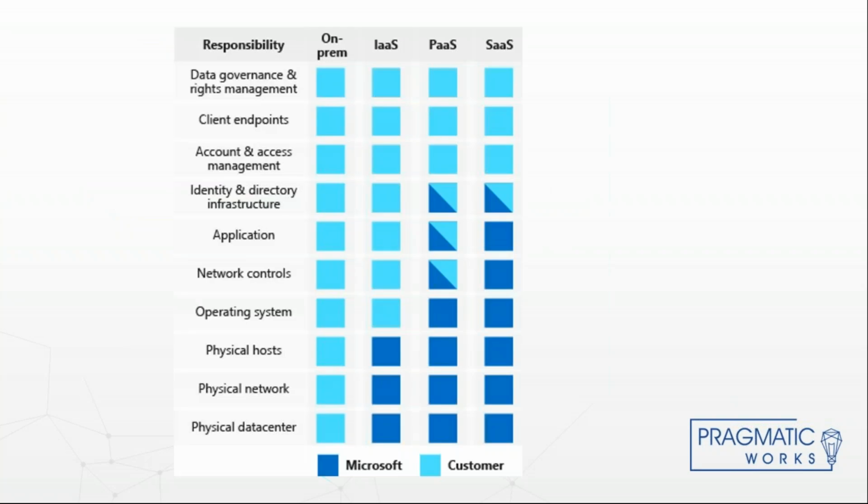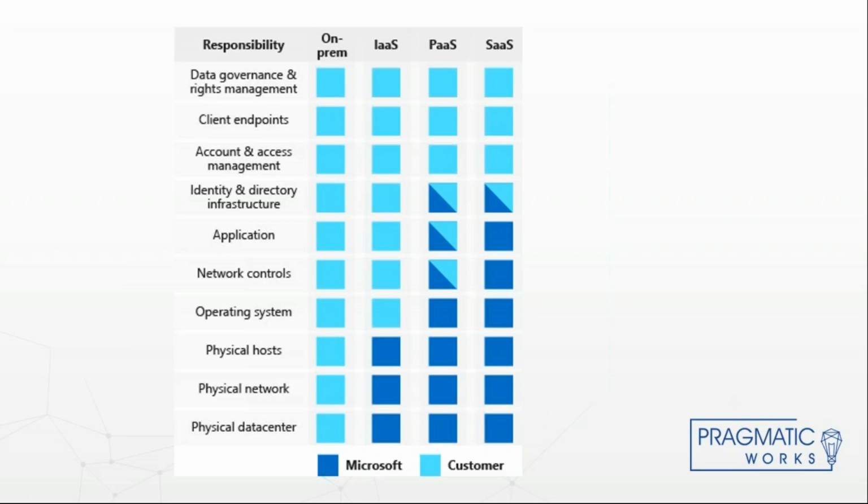So as before, when we are a total on-prem process, we have responsibility for all of our security, the physical network, the hosts, operating systems, the applications, identity and account access management, client endpoints, and especially data governance.